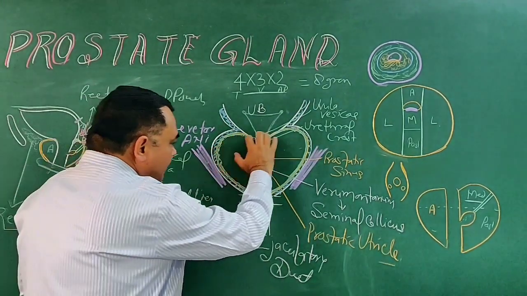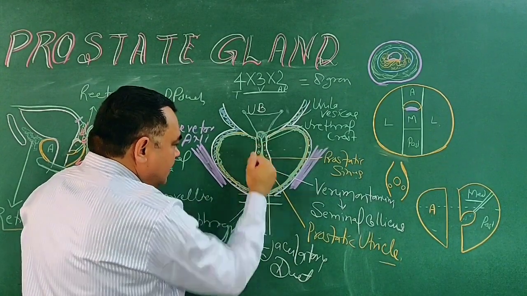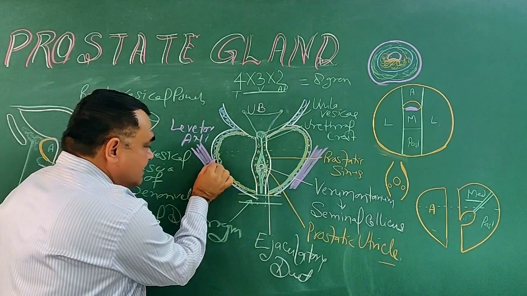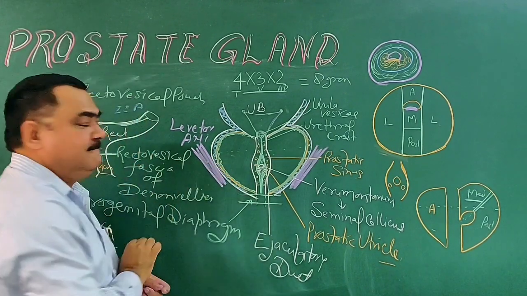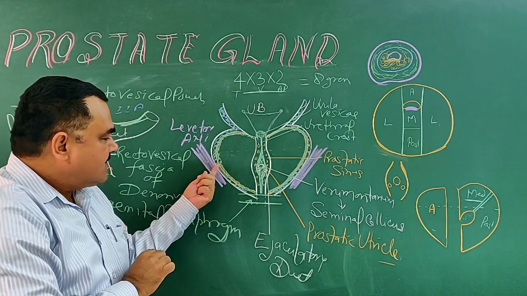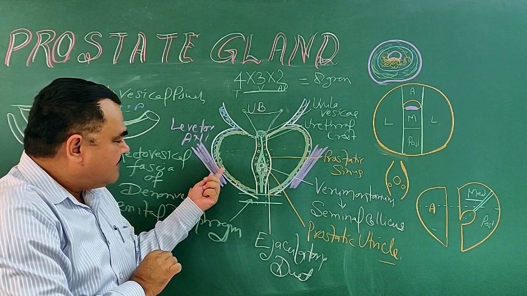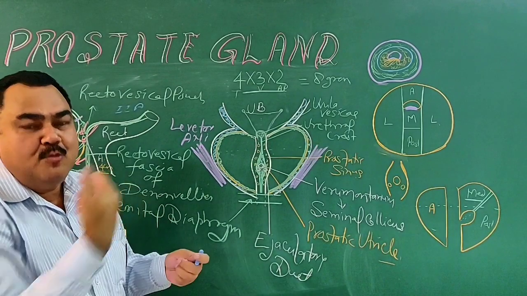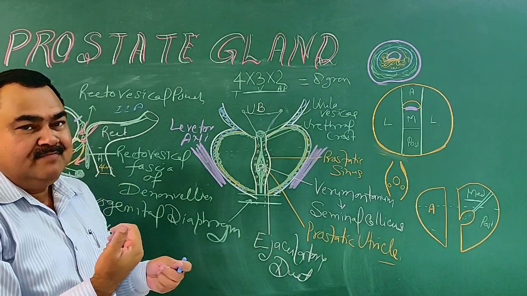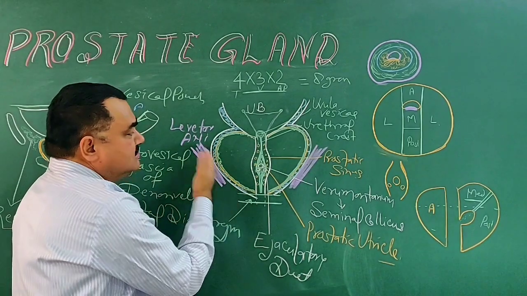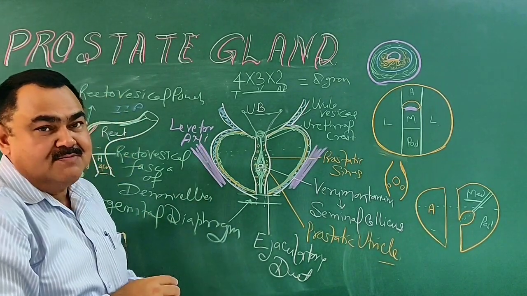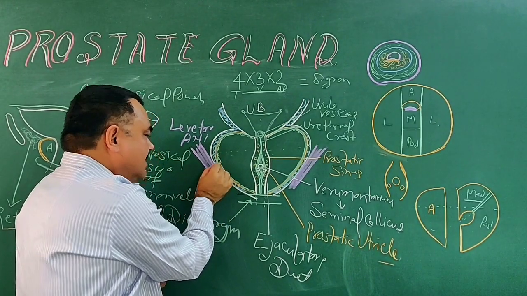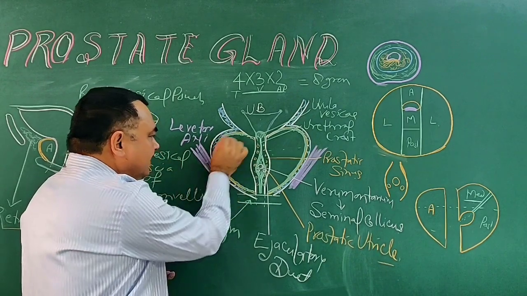The whole gland is enucleated and the false capsule, true capsule and venous plexus are left behind. Otherwise, there may be serious hemorrhage. If you remove the true capsule and leave the false capsule, there is severe bleeding due to this venous plexus.